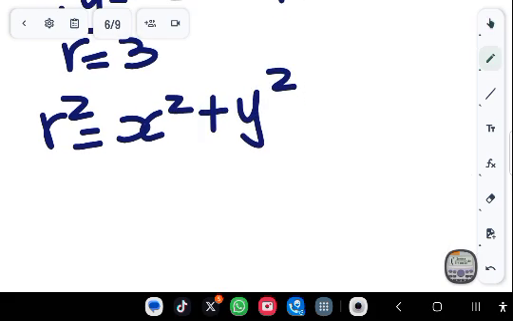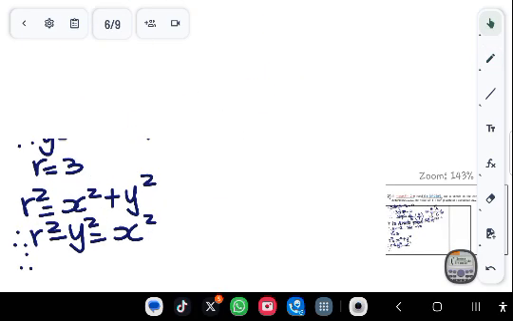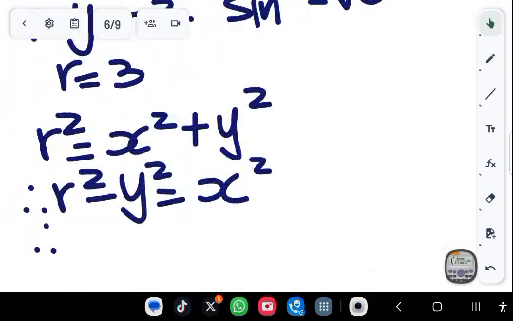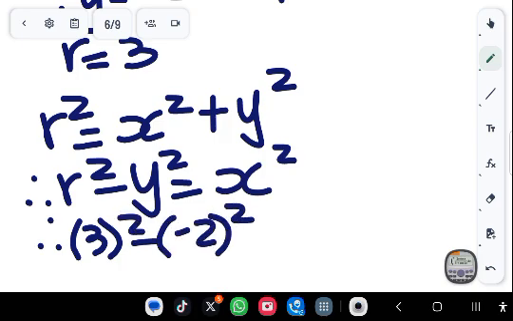Let's substitute. Therefore, r squared minus y squared equals to x squared, meaning that r is 3, so y is negative 2, so 3 squared minus negative 2 all squared equals to x squared.